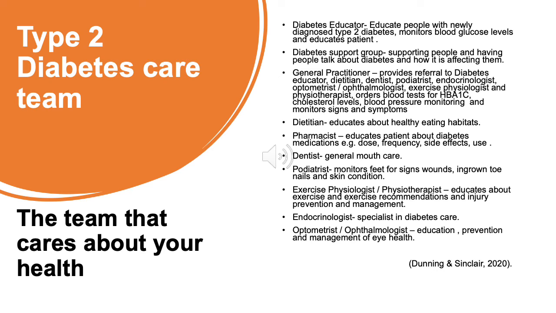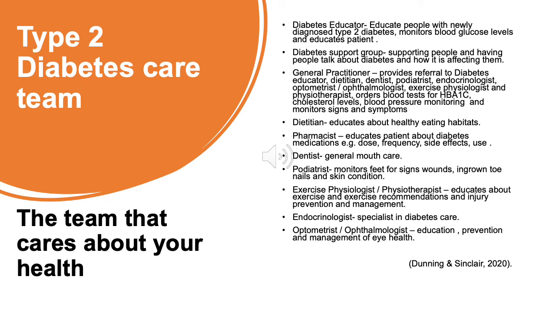Type 2 Diabetes Care Team, the team that cares about your health. Diabetes Educator: educates people with newly diagnosed type 2 diabetes, monitors blood glucose levels and educates patients. Diabetes Support Group: supporting people and having people talk about diabetes and how it is affecting them.